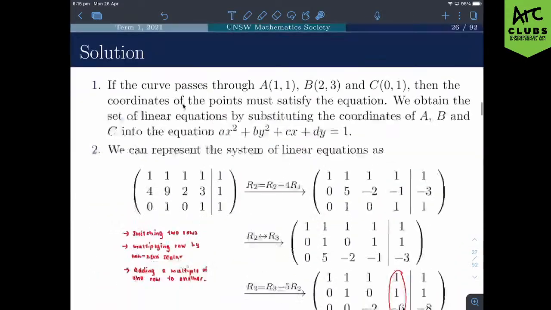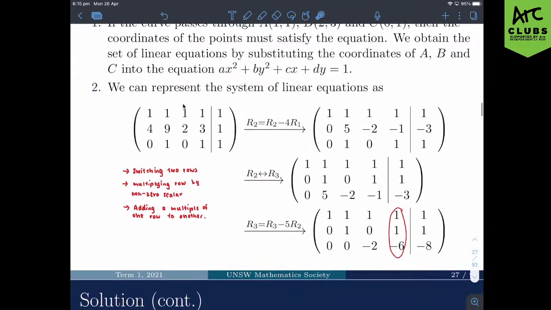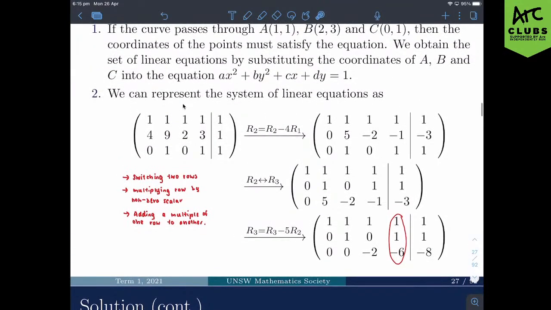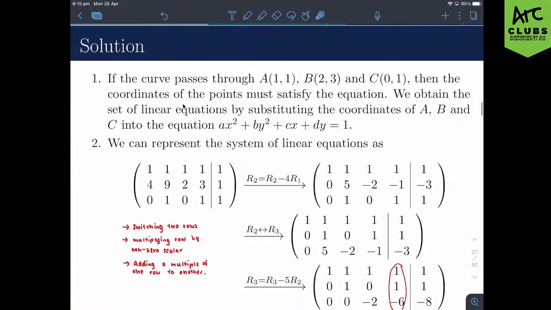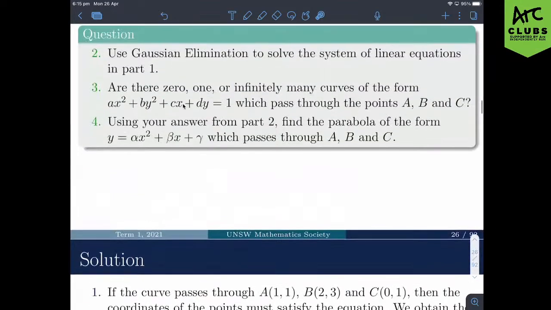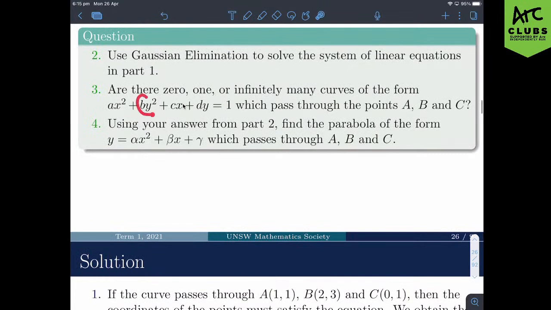And remember, based on our matrix in row echelon form, we can parameterize the variable d because d corresponds to the non-leading column. So we can set d to be some value and then make every other variable fit around that. And we want to set d so that b is equal to 0, because b corresponds to this y squared term here, which we don't want.